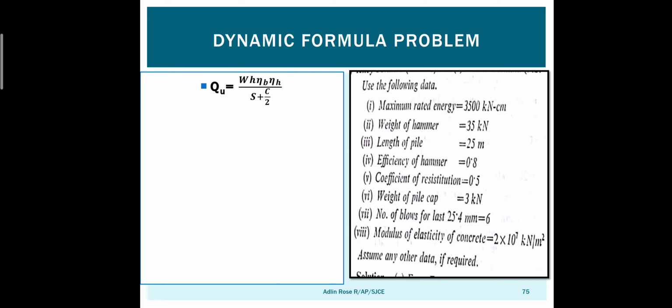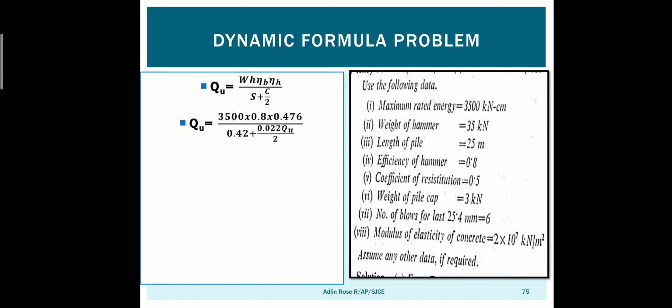After finding C and after finding eta B, substitute everything here in this formula. And what is WH? WH is energy. How much is the energy? 3500. So substitute that, 3500 into eta B, just now we found out 0.476. And what is eta H? Efficiency of the hammer, which is 0.8 given in the question, divided by S, which we found first as 22 into 2.54 divided by 6.